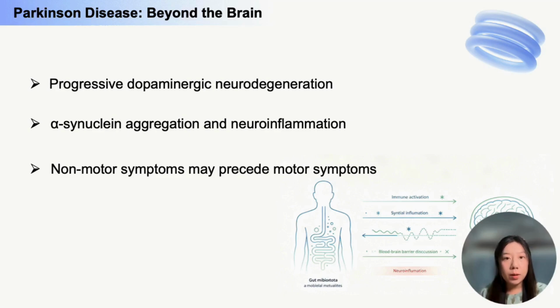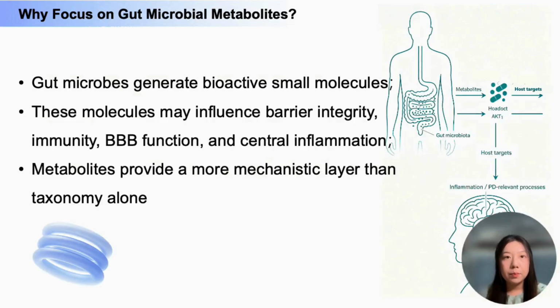PD is also related to alpha-synuclein aggregation and neuroinflammation. This point supports the idea of a gut-brain axis. In this context, signals from the gut may help us understand PD-related mechanisms.